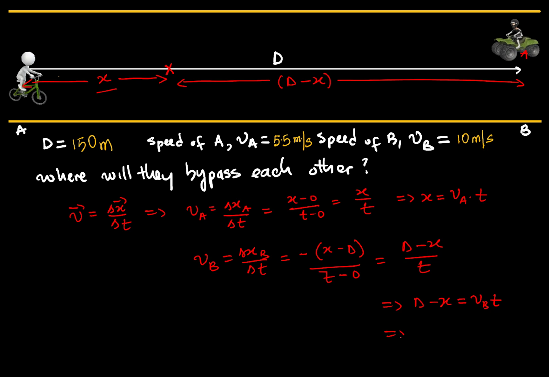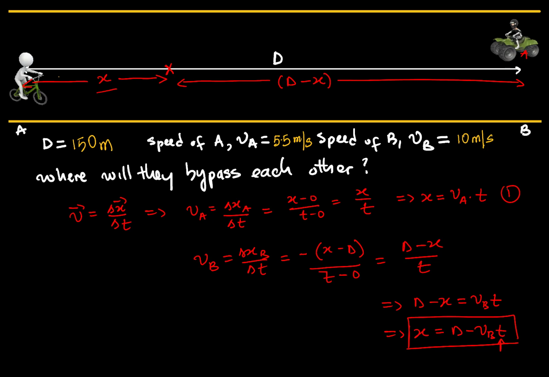This would mean that x is equal to d minus vBt, but we are looking for x. So what we can do is, the only unknown in this equation is t. We know d, we know v of B, but we don't know t.